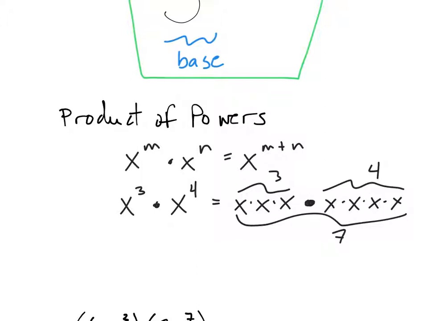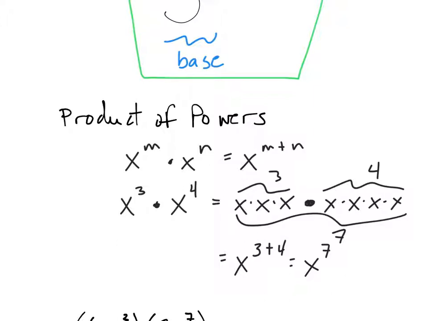And if I just wrote down 7 x's and said, hey, write this as a power, you would write x to the 7th power. And so when we go to do this, we get x to the 3 plus 4 power, which is x to the 7th power. Right? When we multiply with powers, we add the exponents together.